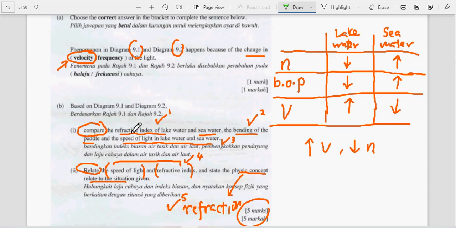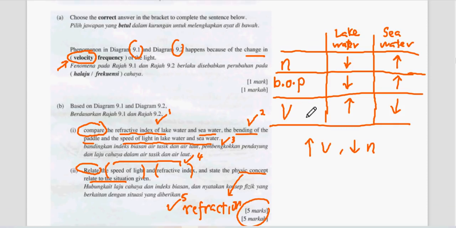Okay, so number 1 is the refractive index. Okay, I'm using symbol, but make sure you write complete word. So refractive index, and then the second one is bending of pedal. Okay, so I just put here bending of pedal. Teacher is lazy to write. Make sure you know. Okay, bending of pedal. Then speed of light. Speed of light. I'm using symbol, but make sure you all write in full word. Okay, complete sentences.